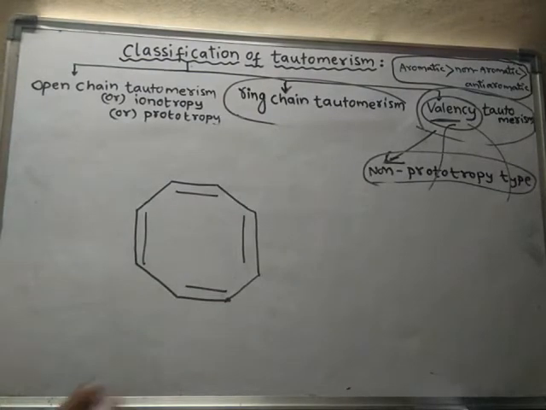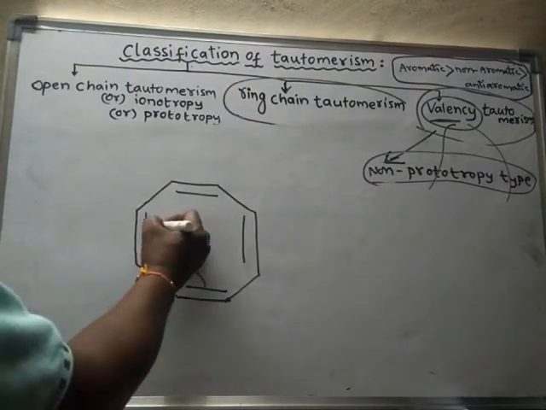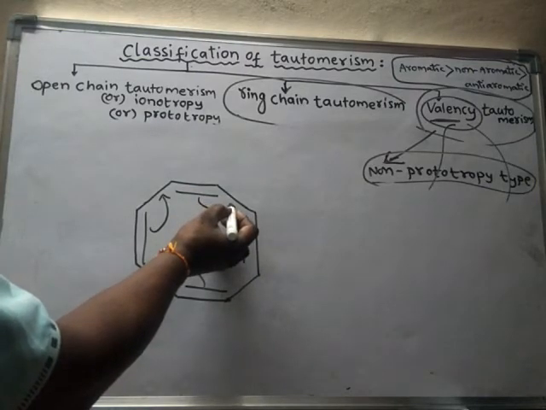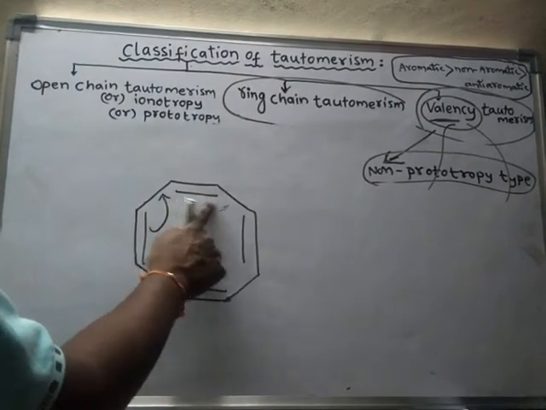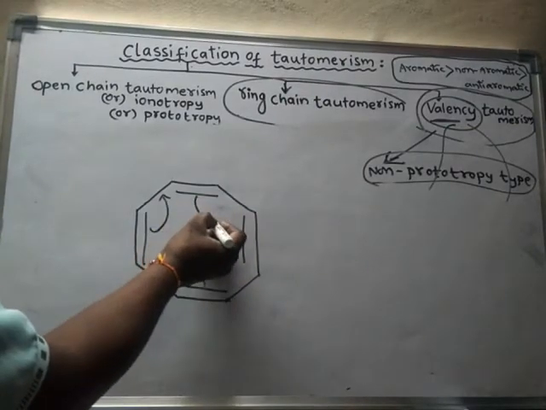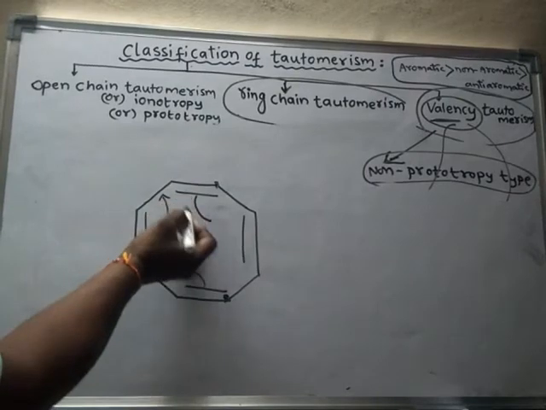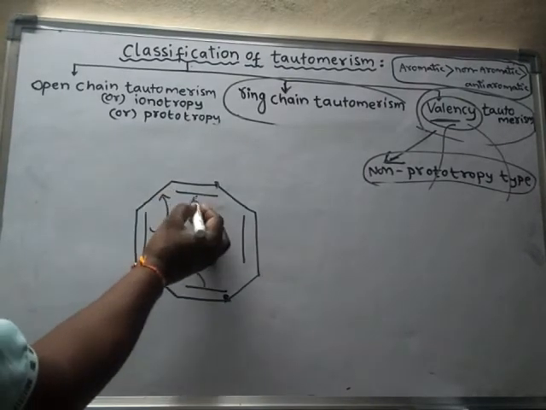See what happens? This bond will shift here, this bond will shift here. Sorry, this bond will shift between these two atoms. Between these two atoms, this bond will shift, a new bond is formed. So like this.